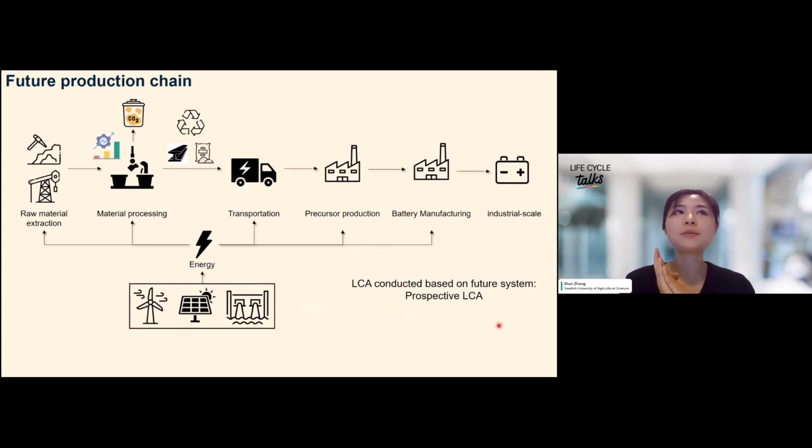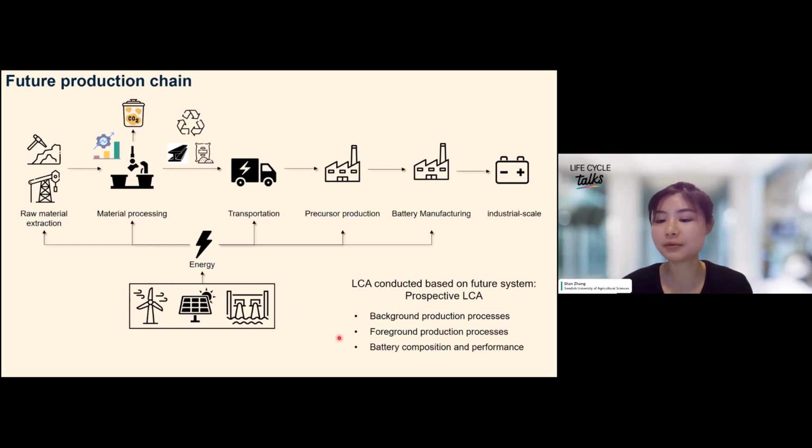So the difference between prospective LCA and small-scale LCA lies in these three areas: background and foreground production processes, and battery technology. In the following slides, we will look into the details of how to consider the changes in these three sectors when conducting prospective LCA.